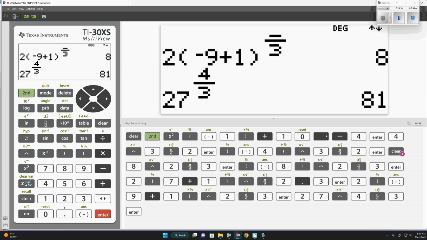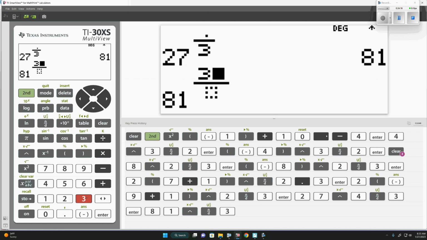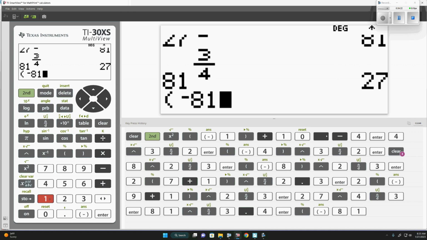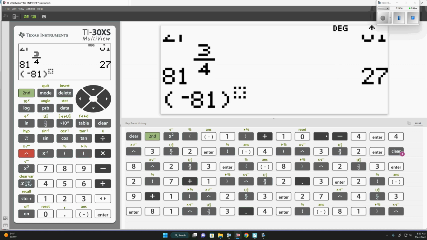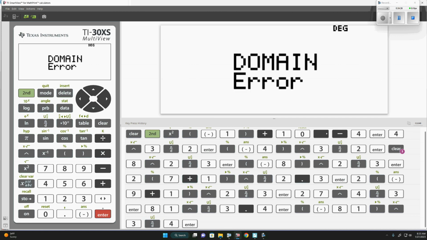Now, if we went the other way back, saying 81 to the 3/4, we'll still get 27. If we do it with negative 81, kind of saying our plus or minus, to the 3/4, domain error, it doesn't work.